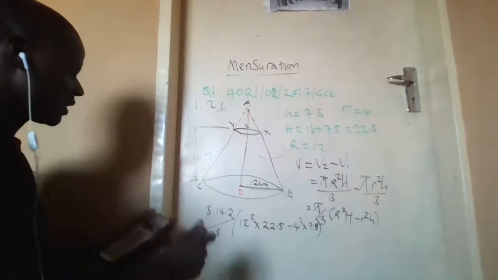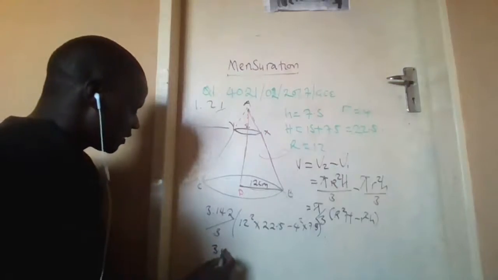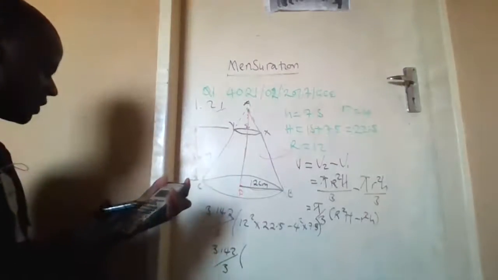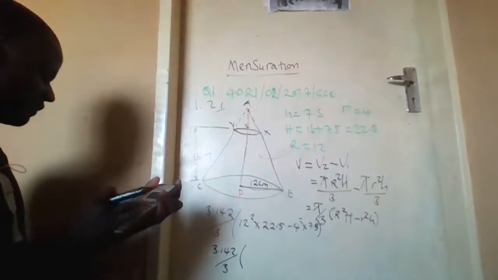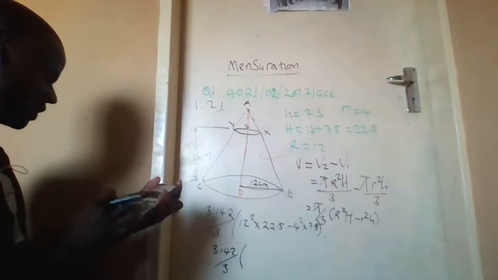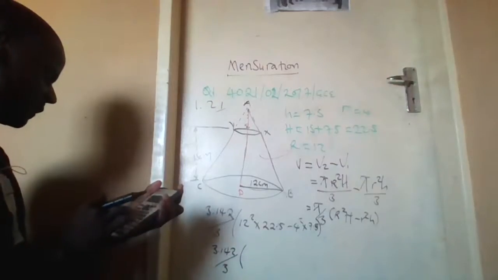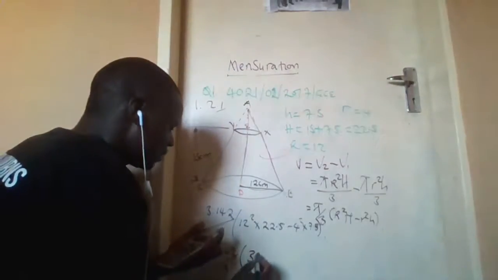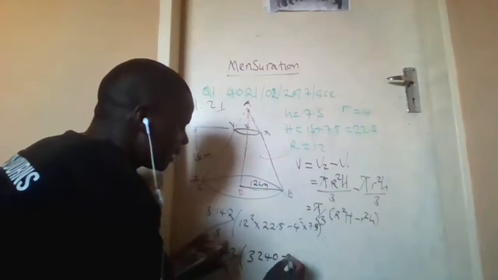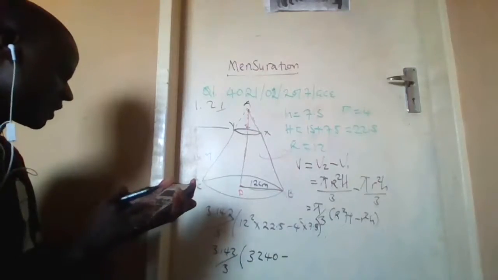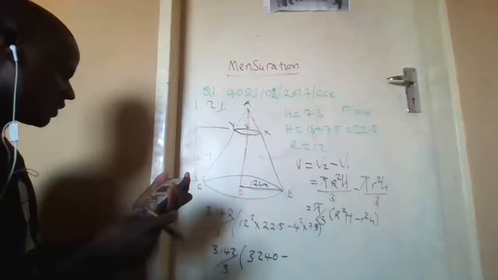So 3.142 divided by 3. Then inside, 12 squared, which is 12 times 12, times 22.5, that gives me 3240, minus 4 by 4 by 7.5, and that gives me 120.